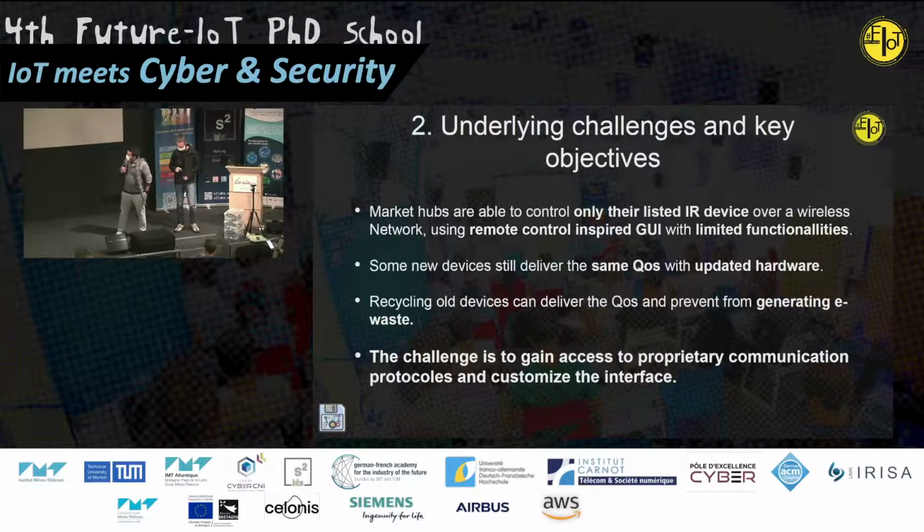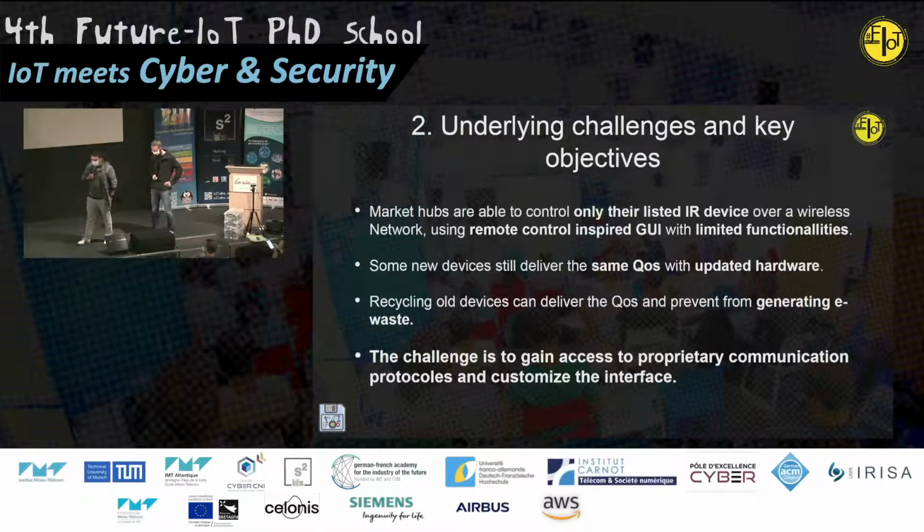Obviously Julius was more into the tech itself, which allowed me to explore more about the presentation. Basically, if you compare the evolution of devices, you will see that they still deliver the same options. The TV still renders images and everything. The problem is that lately we have too much e-waste from devices that deliver the same quality of service. So in order to recycle things, we can just use the hub.